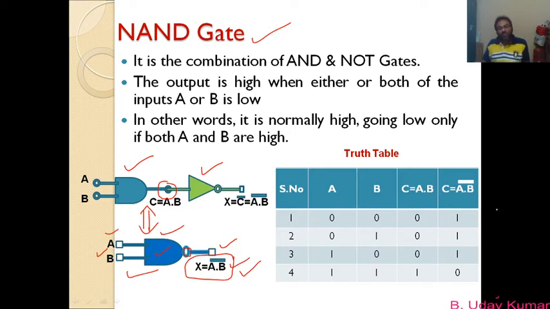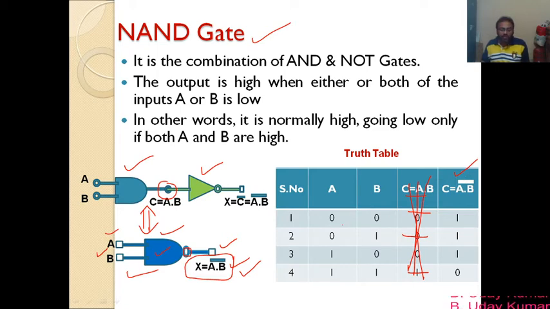Now from the truth table, you can define what a NAND gate is. So how do I define the NAND gate? Please have a look at it. You can forget this, that is the output of the AND gate. But what are we studying in this slide? We are studying the NAND gate, not the AND gate.